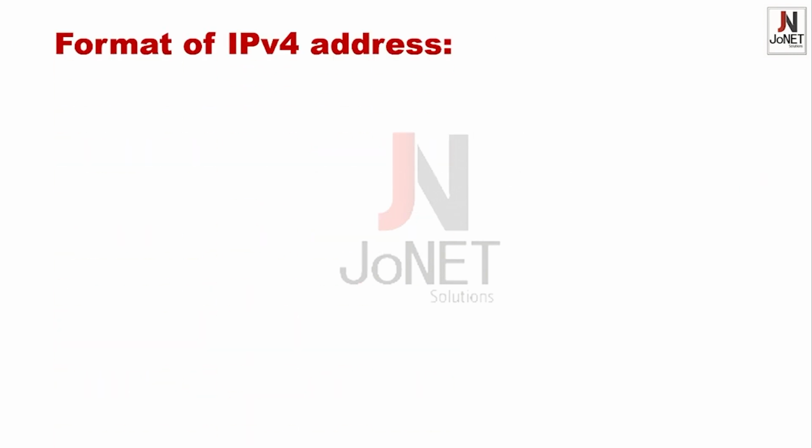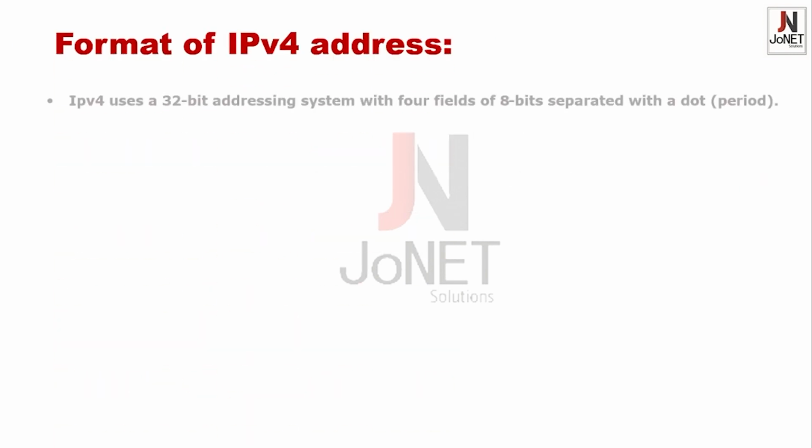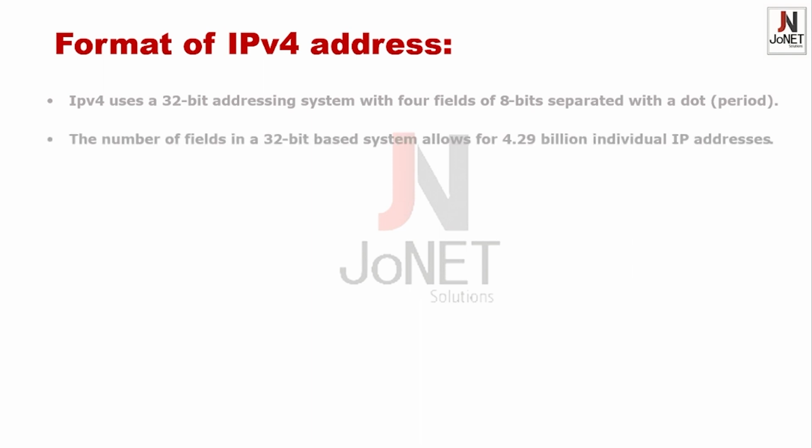The format of IPv4 addresses. IPv4 uses a 32-bit addressing system with 4 octets. Each octet has 8 bits, separated by the dot, full stop, period. The number of fields in the 32-bit system allows 4.29 billion individual IP addresses.